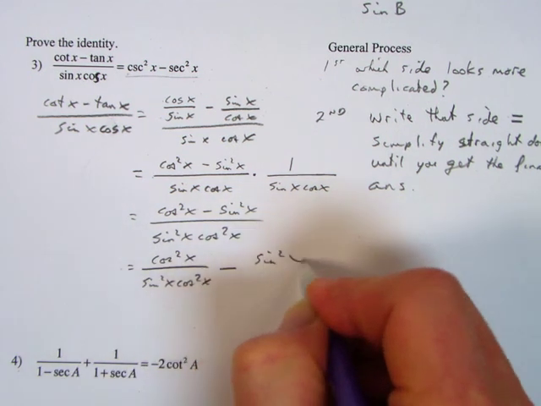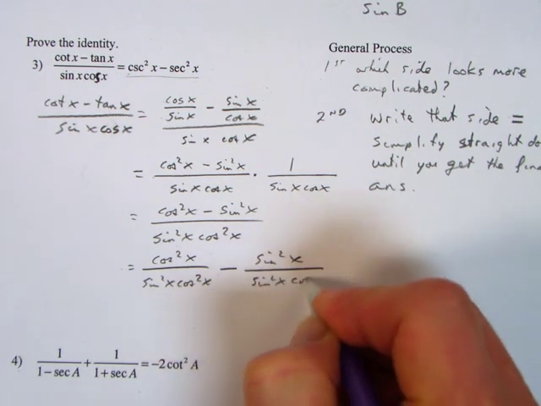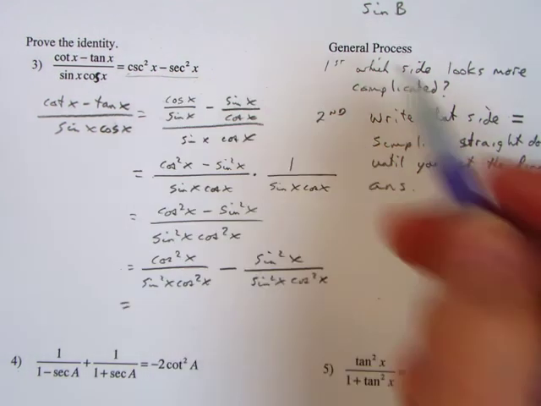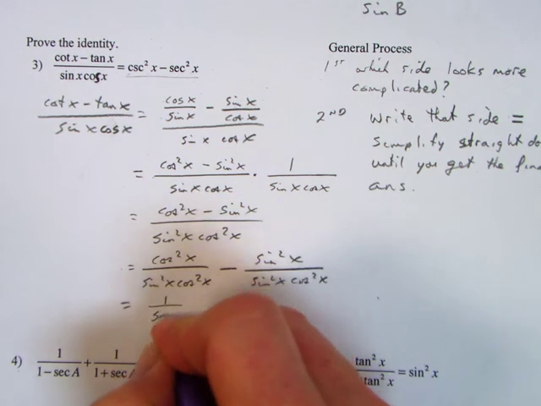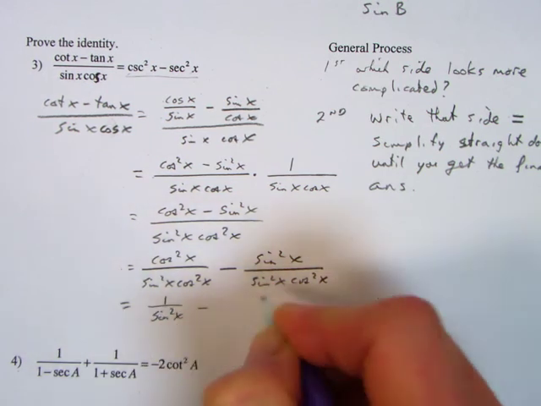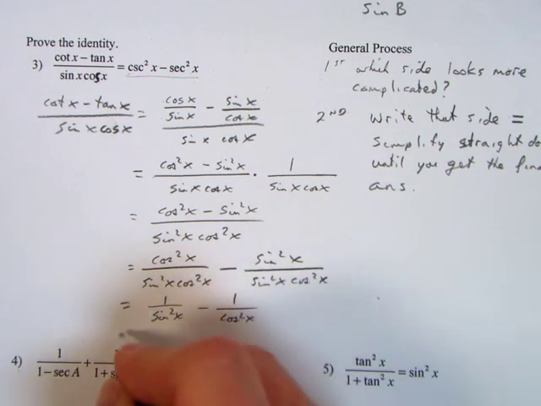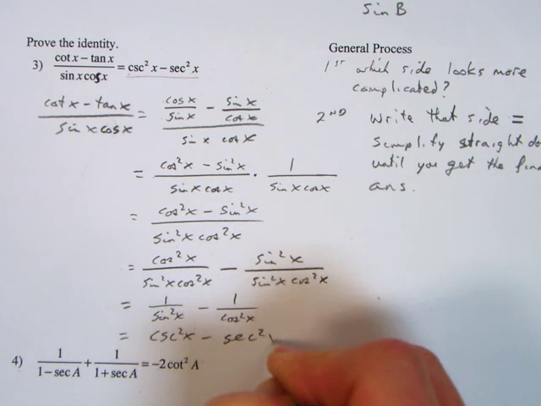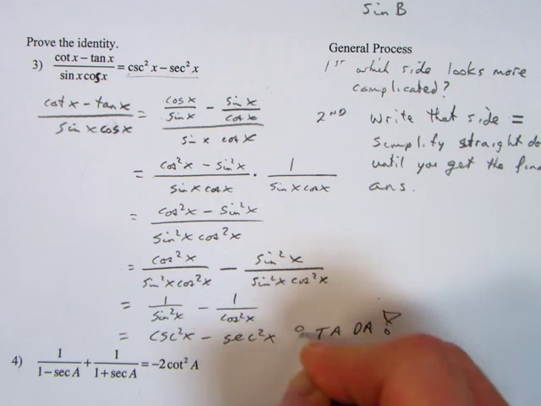Minus sine squared x over sine squared x cosine squared x. Because we know we're going to have two separate things up here. We can reduce, and we're left with 1 over sine squared x minus 1 over cosine squared x. And that is cosecant squared minus secant squared. And we have finished our proof.